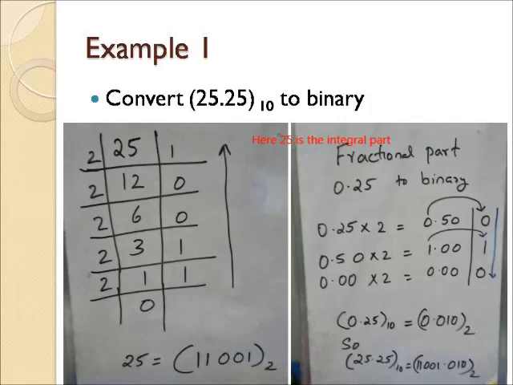As we already discussed, we have to take the integral part, that is 25, and 0.25 is the fractional part. For the integral part, we do continuous division. When we divide 25 by 2, it is 12 and 1 is the remainder. The remainder is denoted on the right hand side, you can see.